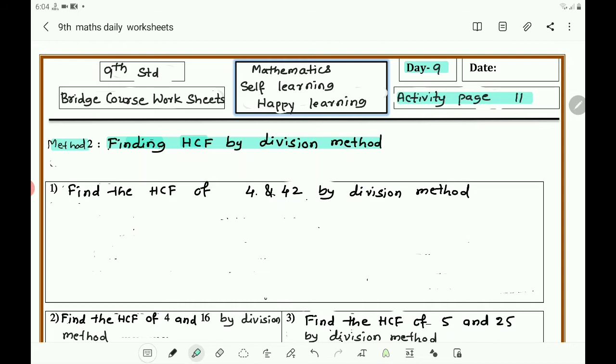Let us take one example. Find the HCF of 4 and 42 by division method. Here take the numbers 4 and 42.